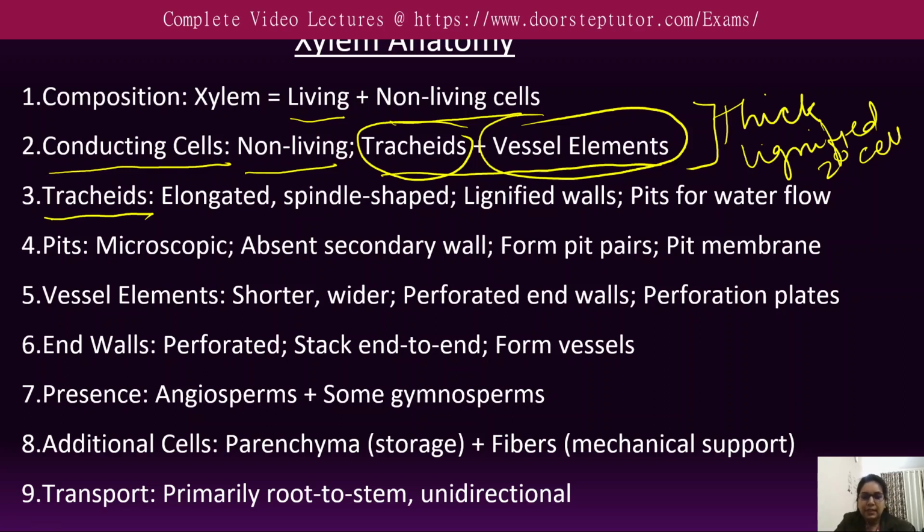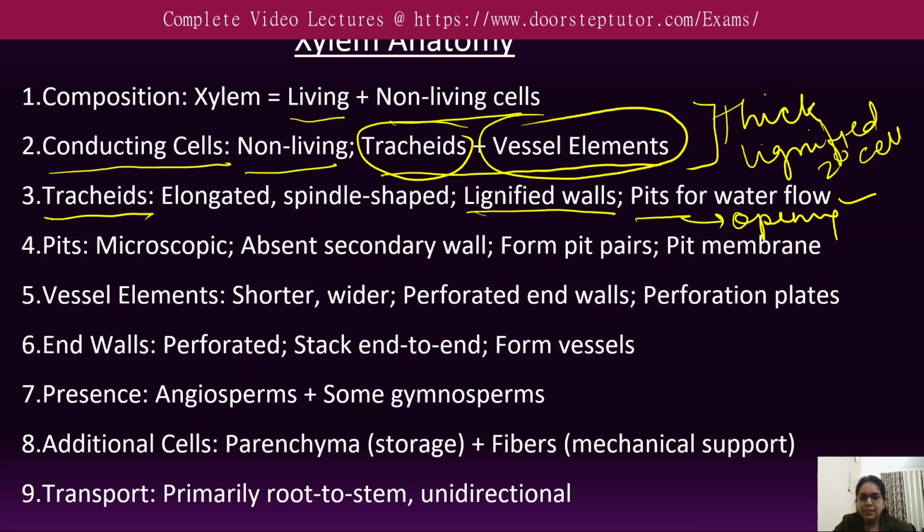Tracheids are the elongated ones. They are spindle-shaped cells with heavily lignified walls, and they have pits in their walls through which water flows between the tracheids. Pits are just openings for the flow of water.